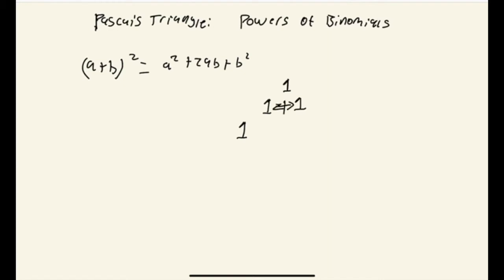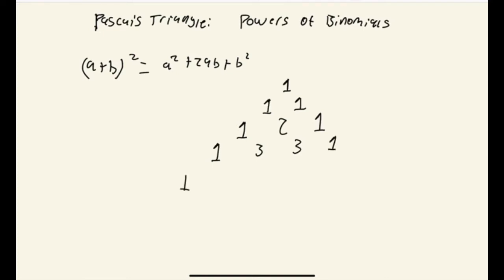So 1 plus 1, right? 1 plus 1 is 2. And then you end with 1 because you need 3 terms.